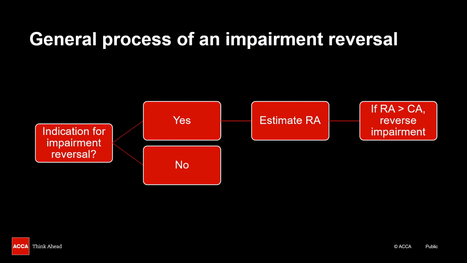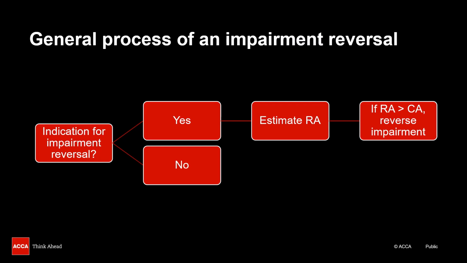Now that we have covered impairments of assets, let us look at reversals of impairments. If an asset is impaired, the standard prescribes that for that asset, at each reporting period, an assessment needs to be made if an indicator exists to reverse or decrease the previous impairment.